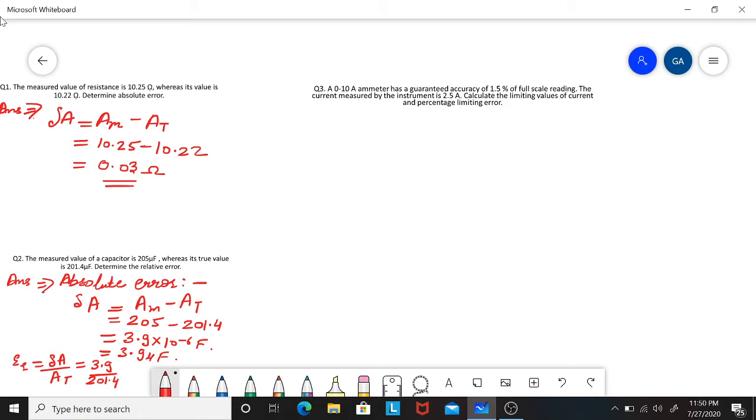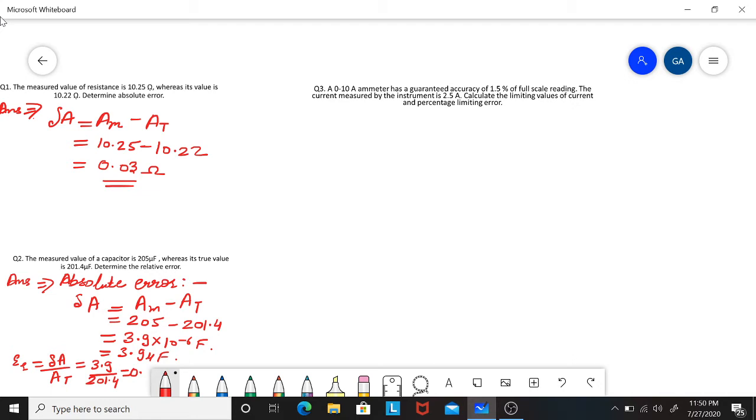So what you will get from here, let me write the result. As this is in microfarad, the microfarad will get cancelled out because the true value is also in microfarad. So let me do it here.